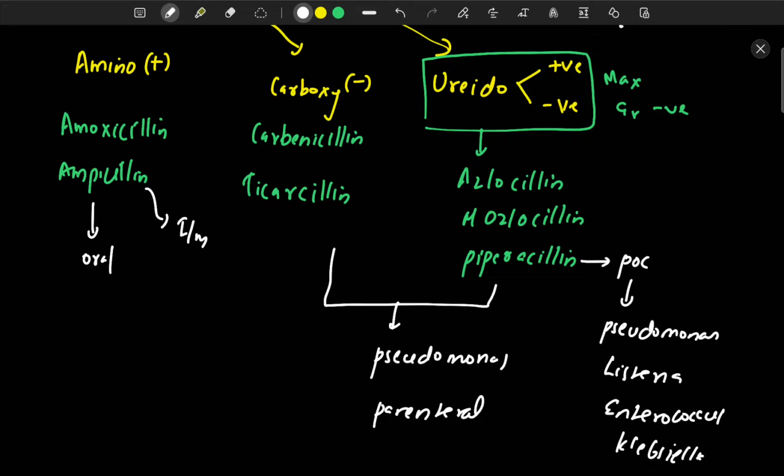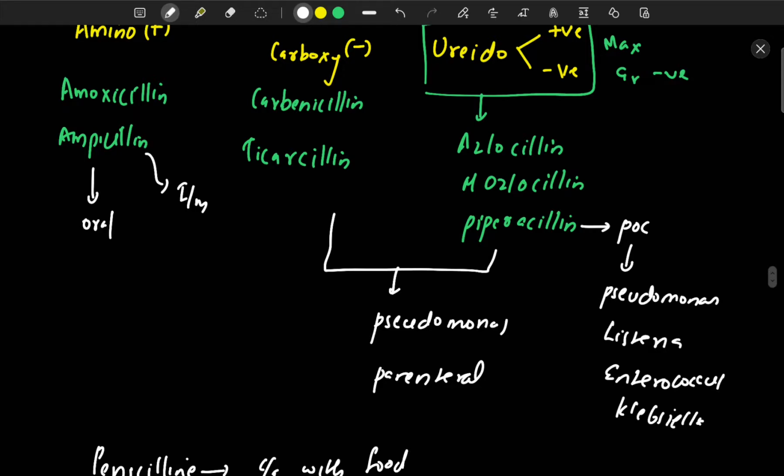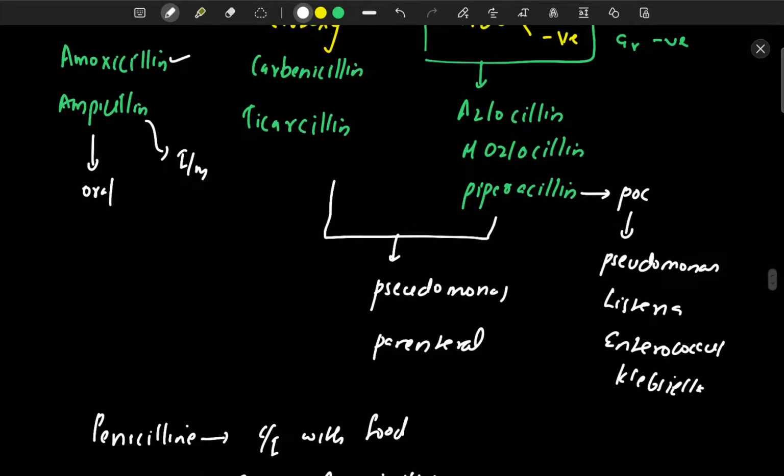Due to this better oral absorption, there is a high peak plasma concentration with amoxicillin, so the duration of action is twice as long as ampicillin. For example, if amoxicillin is given 3 times a day, ampicillin is given 4 times a day, that is QID.